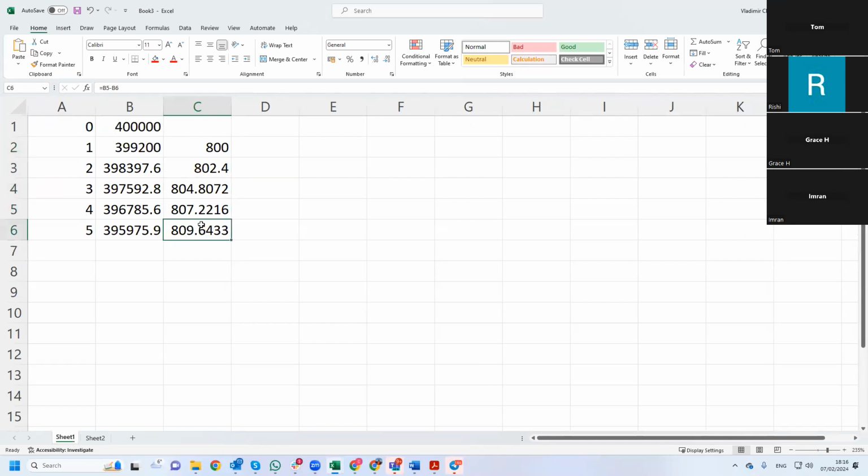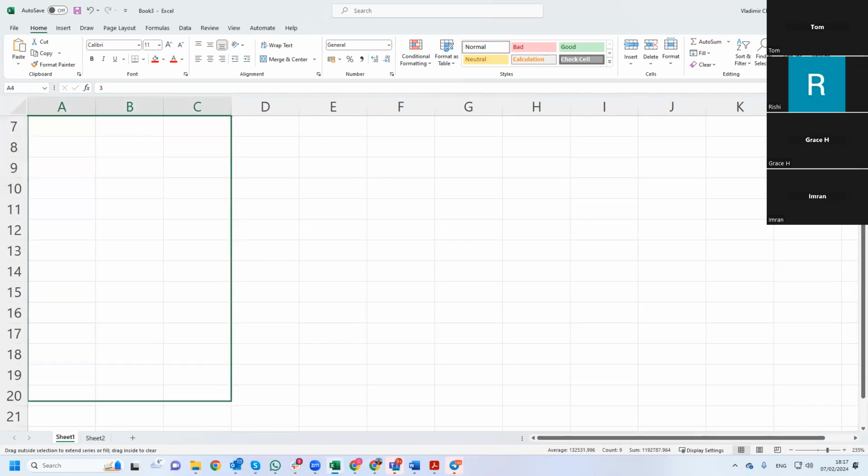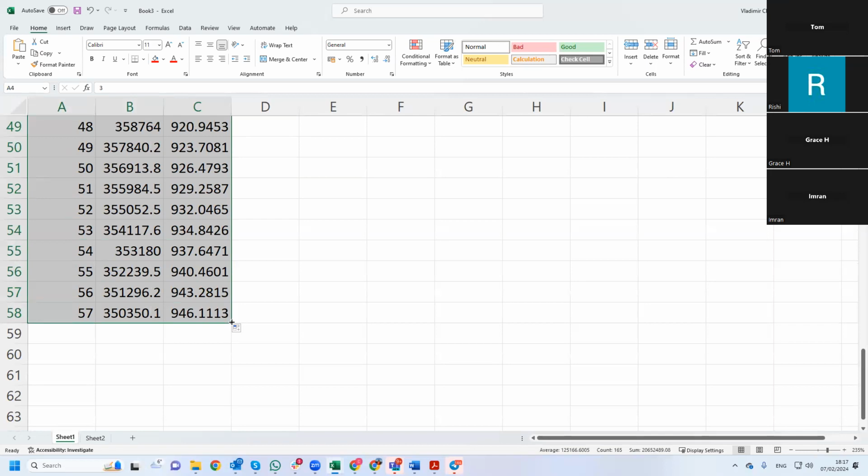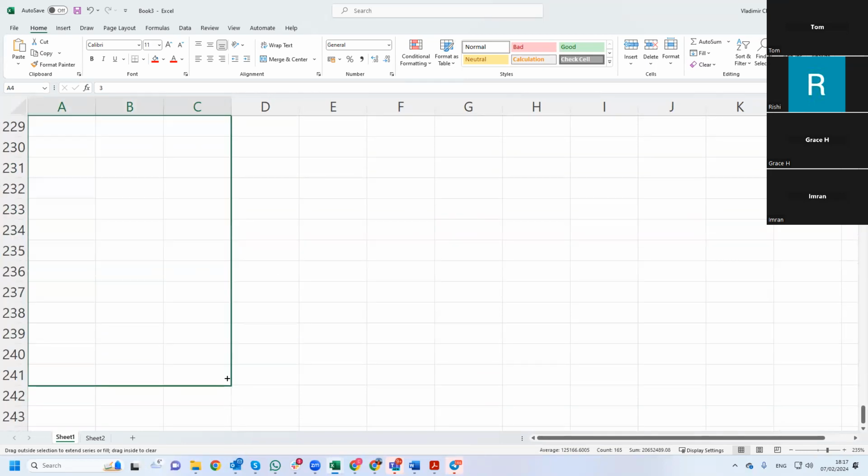Because the amount you owe the bank goes down, that means the amount of interest you pay each month goes down. So that means the amount by which you decrease goes up, if that makes sense. And let's see after how long it will take you. So 57 months, that's 5 years.